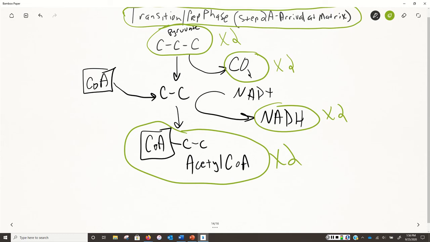So this acetyl-CoA is going to enter into the next major set of reactions. But since we have 2 of them, everything that we draw on the next whiteboard is going to happen twice also for each glucose that we started with.